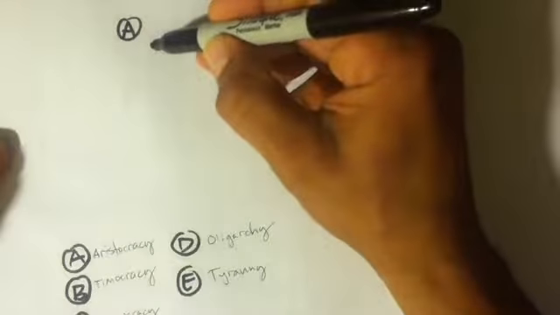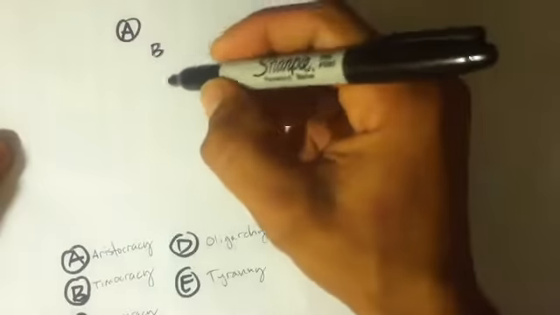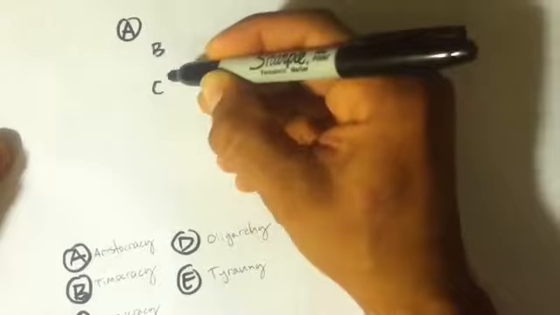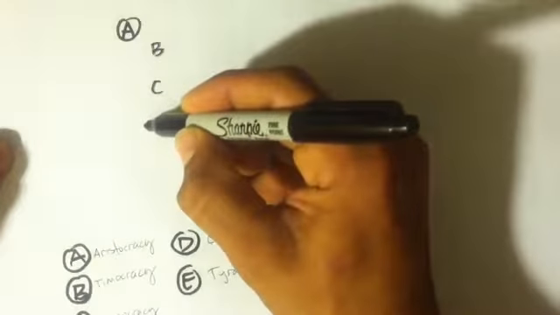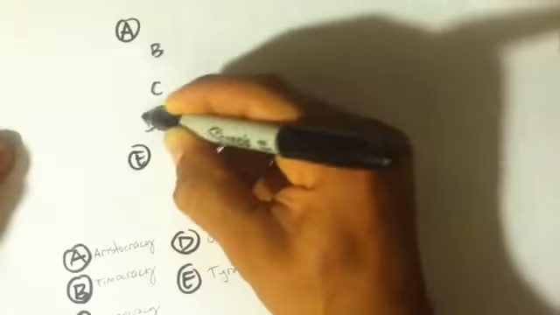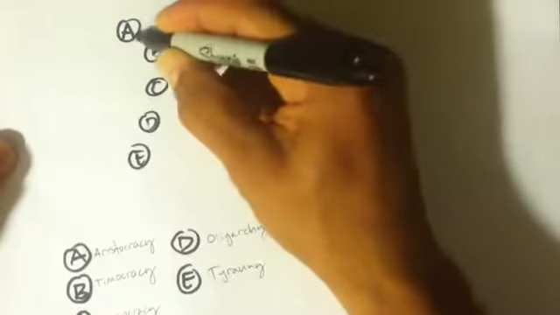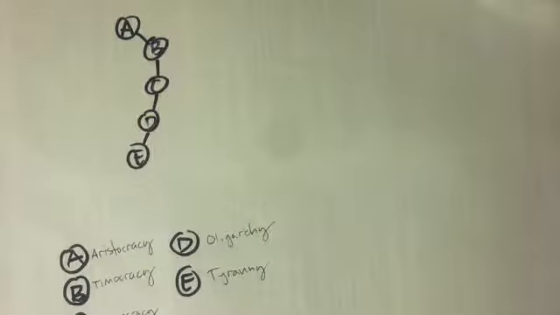So we will go into B, C, D, E. That's one possible way.